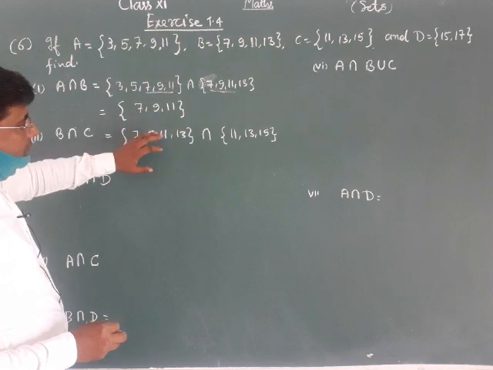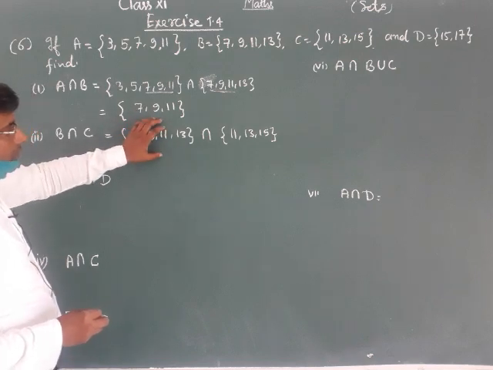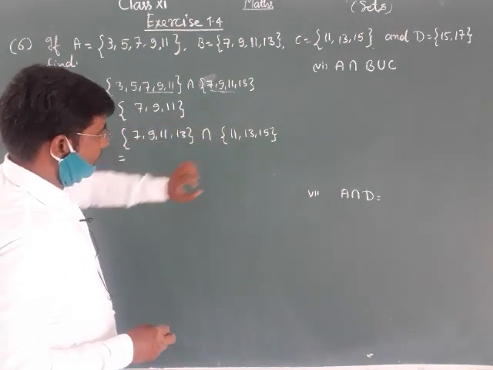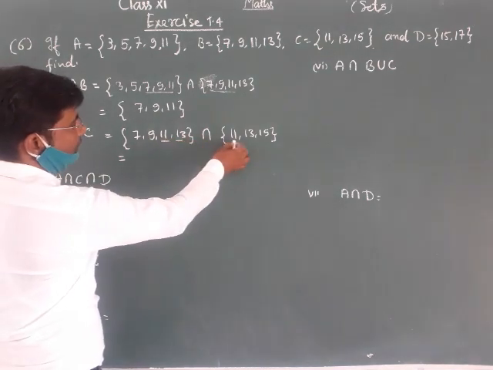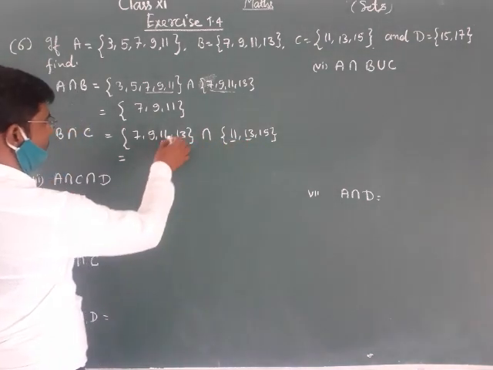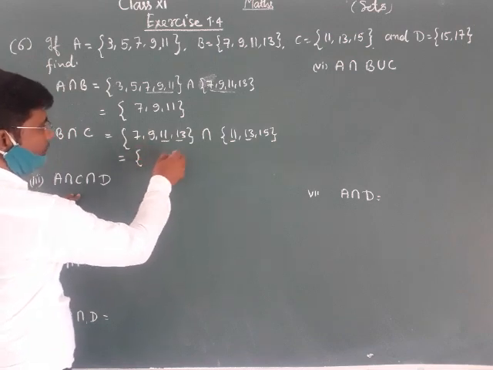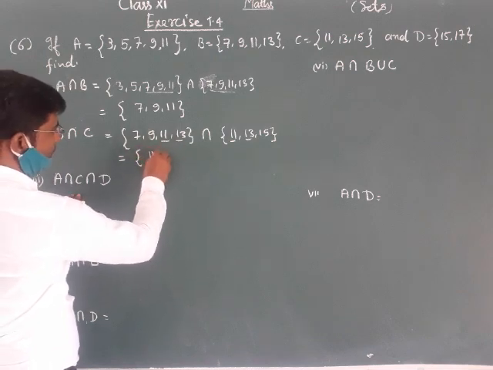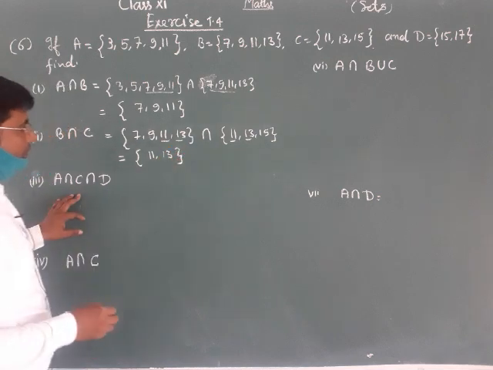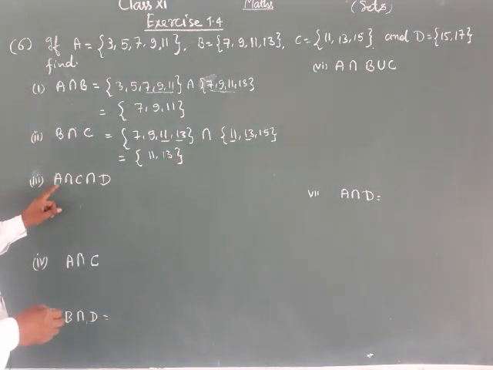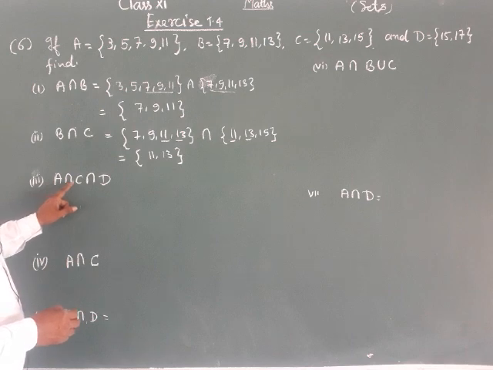In this case, the common elements of both sets are 11 and 13. So write 11 and 13. In the same way, A intersection C and A intersection D.